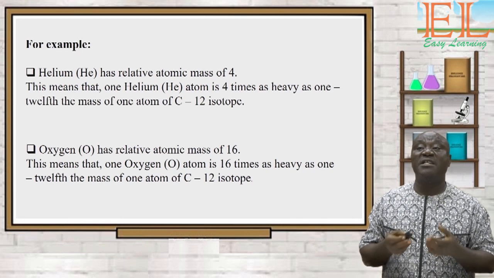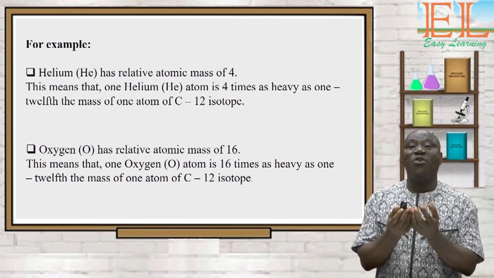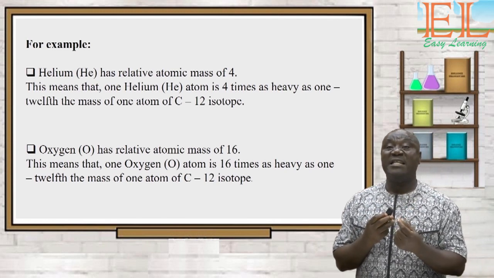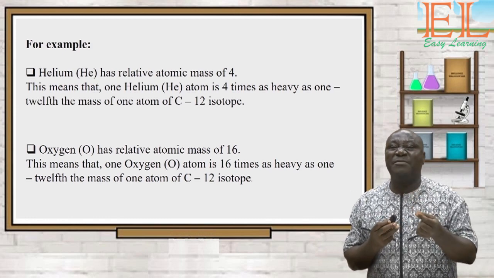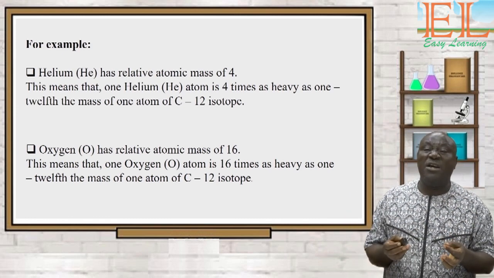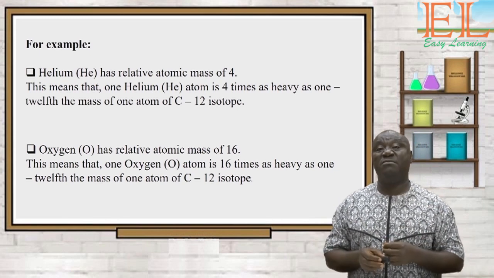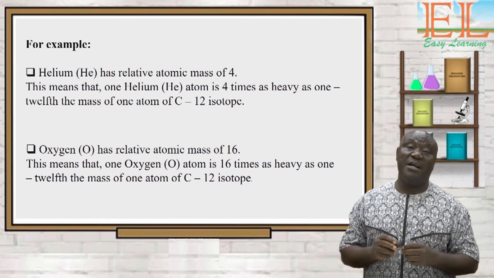Oxygen has got number of isotopes. So if I average all the masses of the isotope, then the figure that I'll get is 16 times as massive as 1/12 the mass of one atom of carbon-12 isotope. So that is what we mean by relative atomic mass.